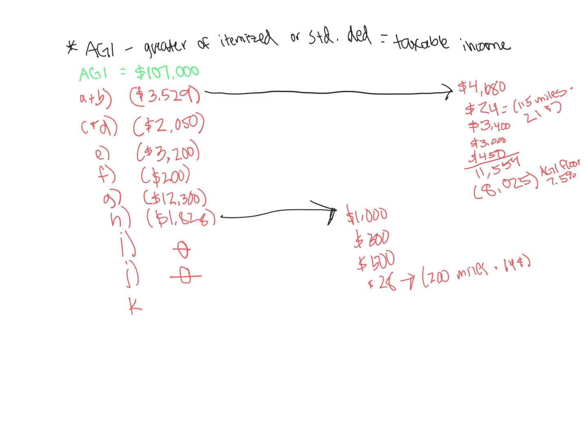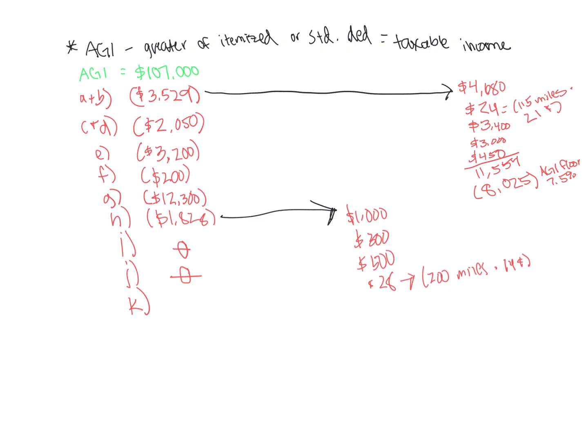Then our last piece, letter K. K says Shauna sustained $2,000 in gambling losses over the year, mostly horse racing bets, and had only $200 in winnings. So here, gambling losses are a form of from AGI deduction that can be itemized.